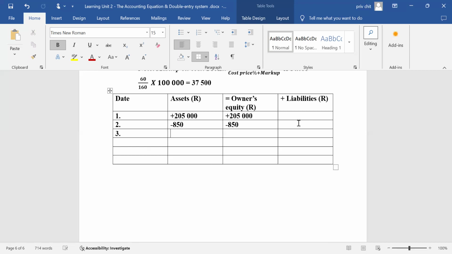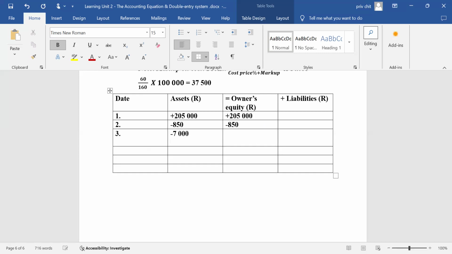So the bank is going to be reducing the assets column by how much? 7,000. Exactly. And because we are paying for inventory, inventory is coming into the business. So it's going to be like this. Does it make sense? One asset is increasing, then the other asset is decreasing.